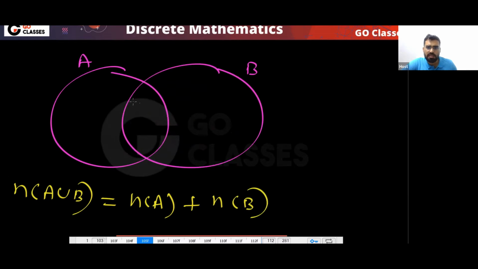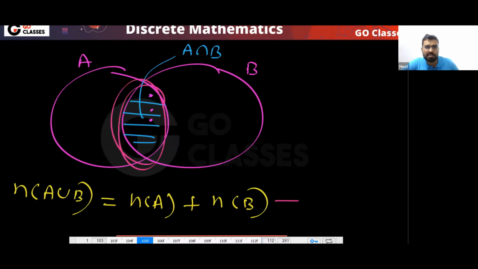If I do this, how many times have I counted these elements? This is A intersection B. Every element here I have counted 2 times. So I will remove this area, the number of elements here, 1 time.